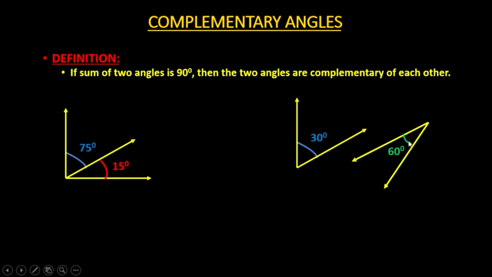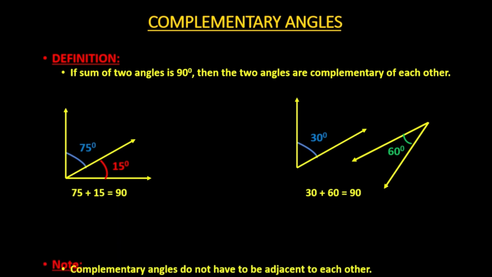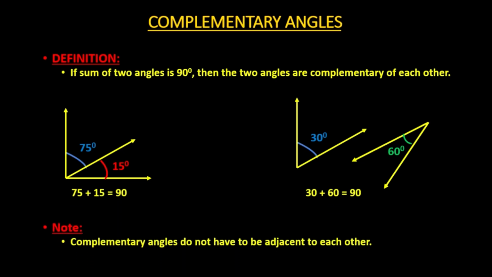In the second diagram, angle 30 degrees and angle 60 degrees sum to 90 degrees. Here, both of them don't have a common vertex or common side. Both examples are complementary angles. Complementary angles do not have to be adjacent to each other.